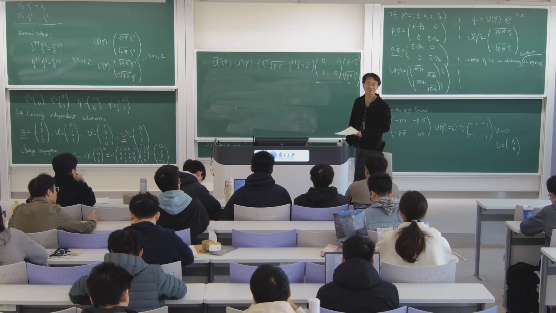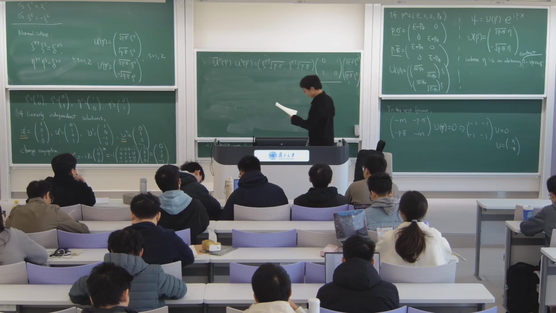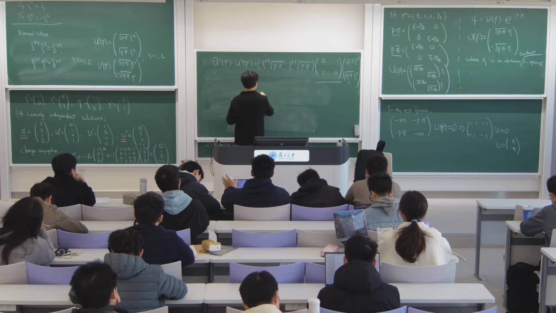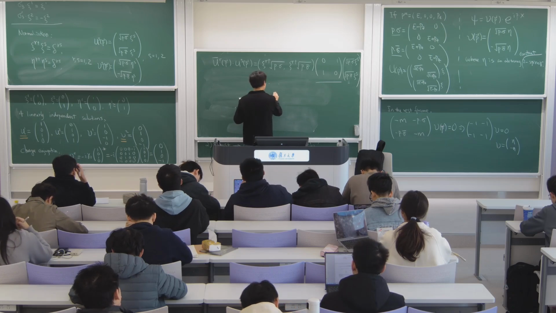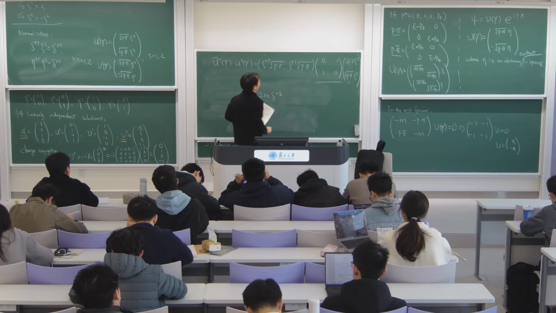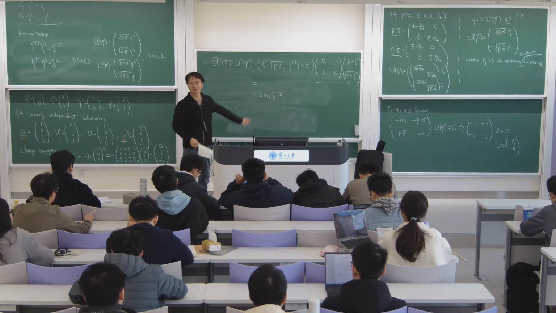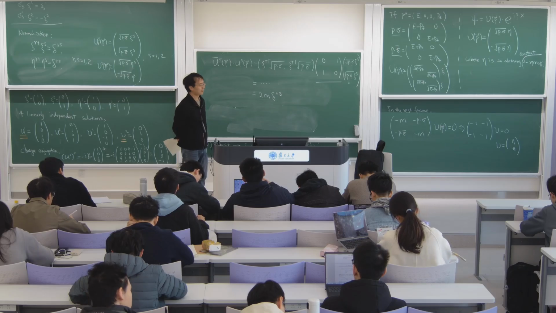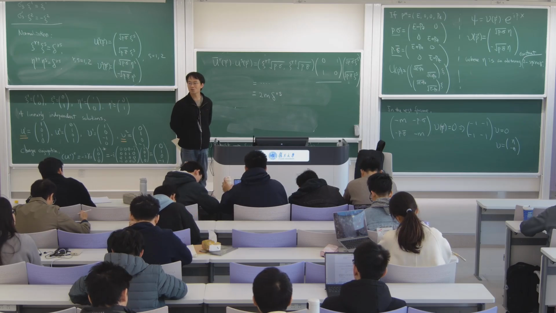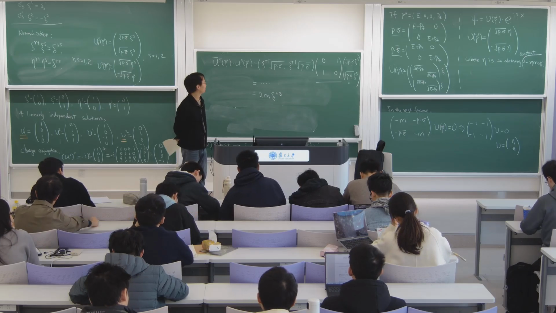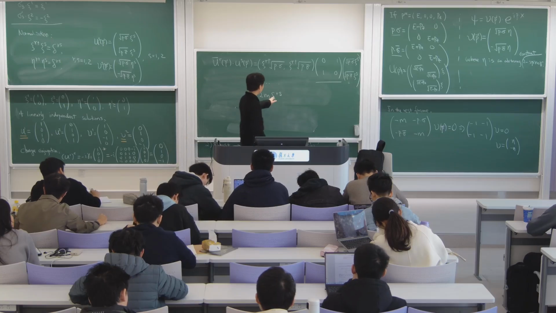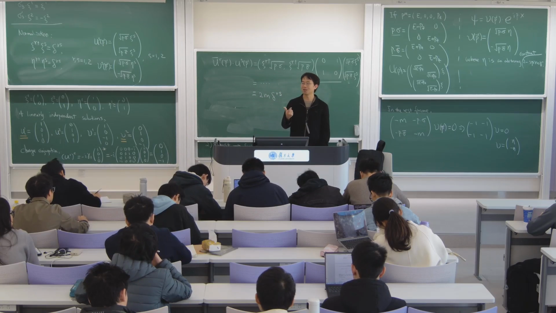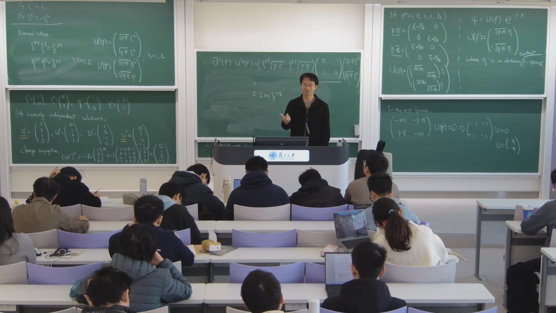So you eventually get, after a few steps of calculation, 2M delta RS. Yes, it's a very simple result. You can check this. Delta RS, if they are equal, equals 1. If R and S are different, it is 0. Okay?